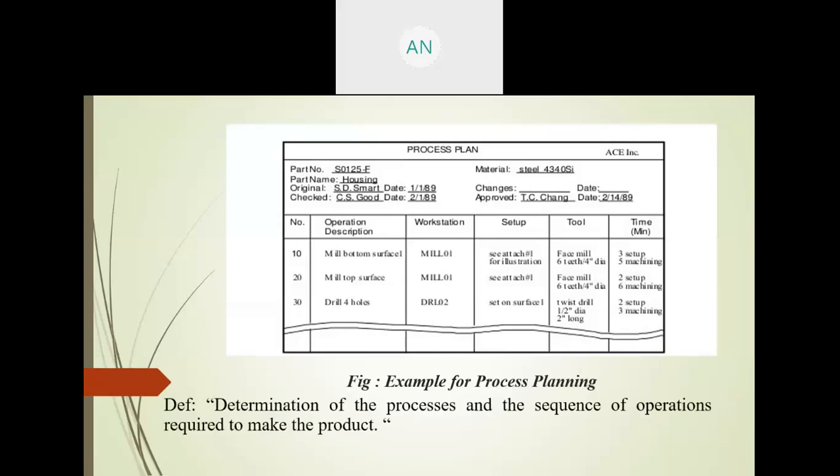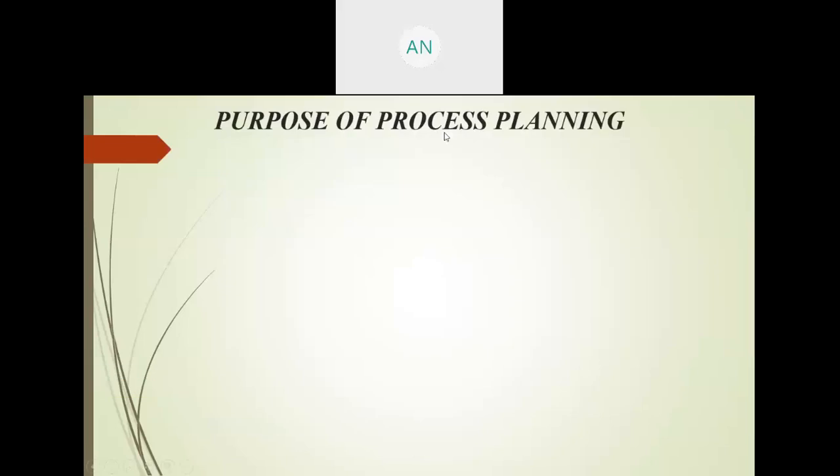This is the definition of process planning: a determination of the process and the sequencing of operations required to make the product. You determine the types of process used and the sequence of operations that can optimally be used to make the product successfully. So what is the purpose of process planning?